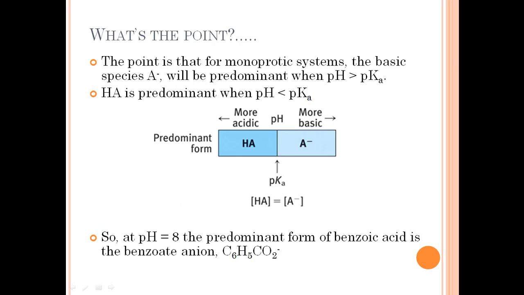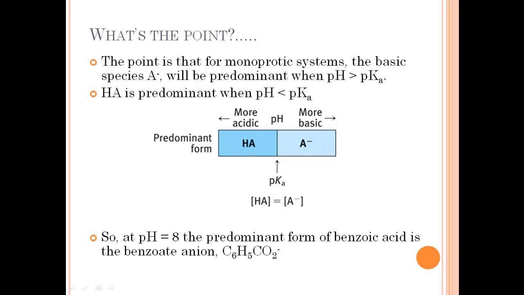So what's the point of this? The point is that for monoprotic systems, the basic species A minus is going to be predominant when pH is greater than pKa. The pH that they gave you was 8 for benzoic acid, and it was greater than the pKa, which was 4.20.